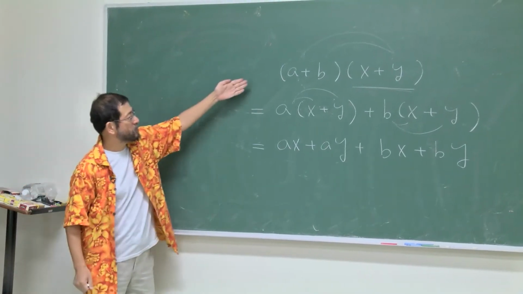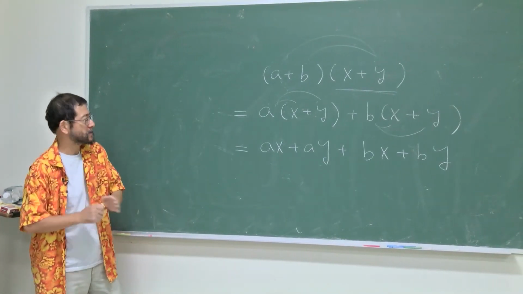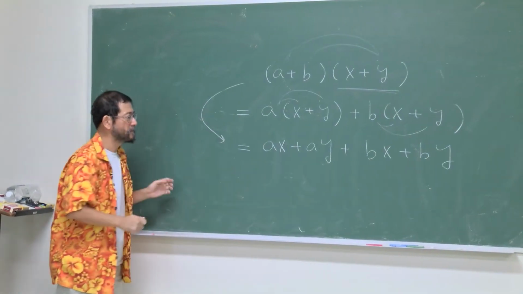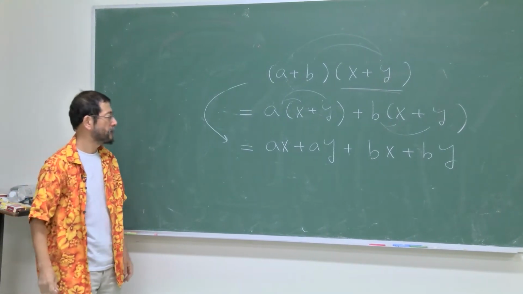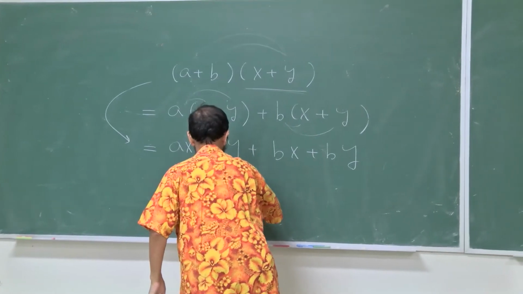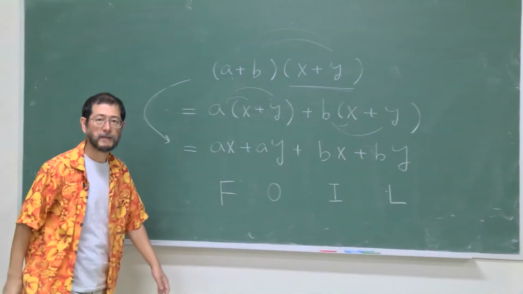However, this process is so common. So sometimes people just skip this and jump to this one directly, and then just memorize this as a new rule, which is called FOIL. Okay?